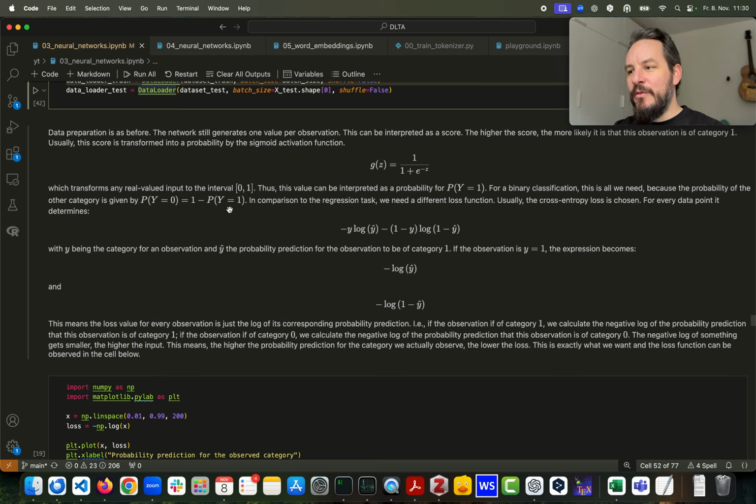So this is why for a binary classification task, your neural network still only needs an output dimensionality of 1 for every observation, so one number for every observation. And as you'll see later, it depends on how the loss function is defined. In PyTorch, usually you work directly with the logits. That means the network still creates a prediction for every observation that is a real valued number.